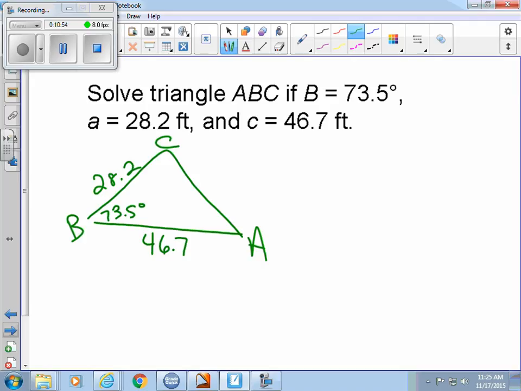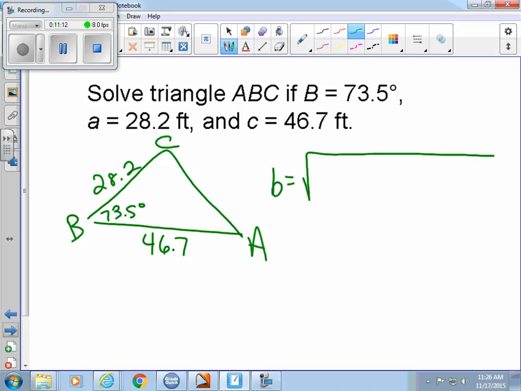Any questions so far? So I'm going to do side B. Okay, if I go ahead and make it a square root.